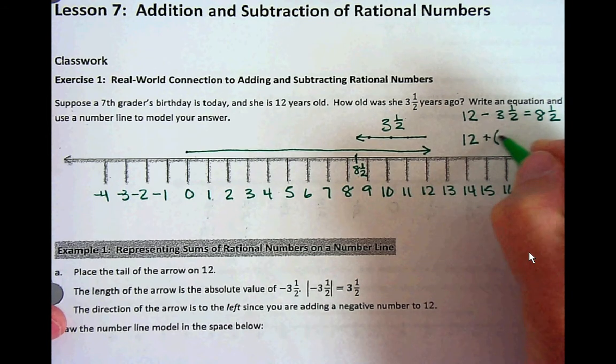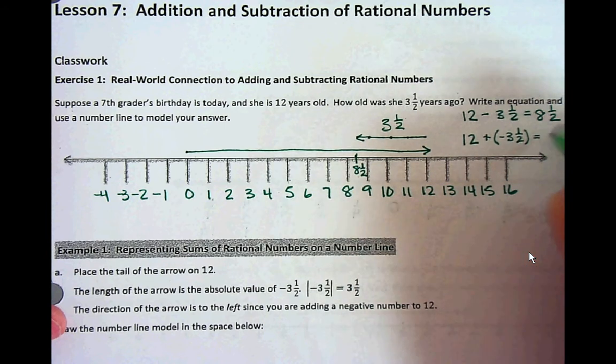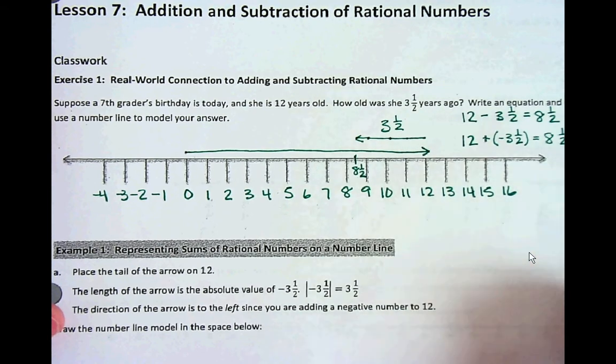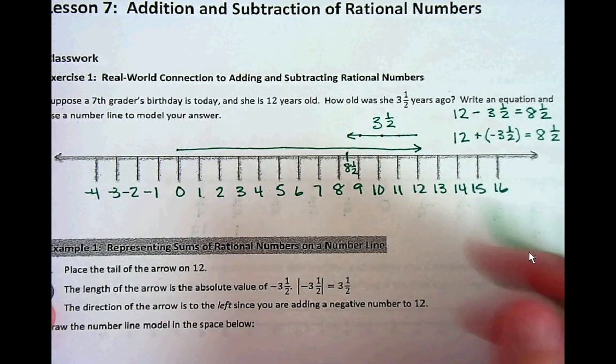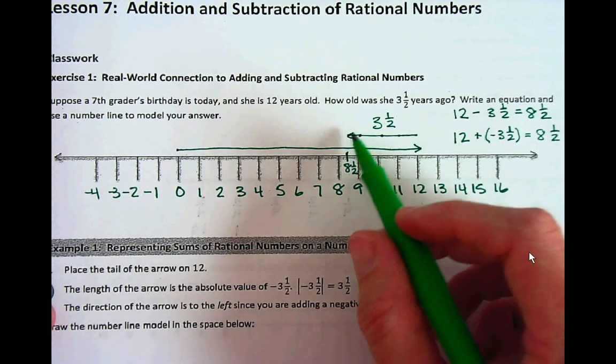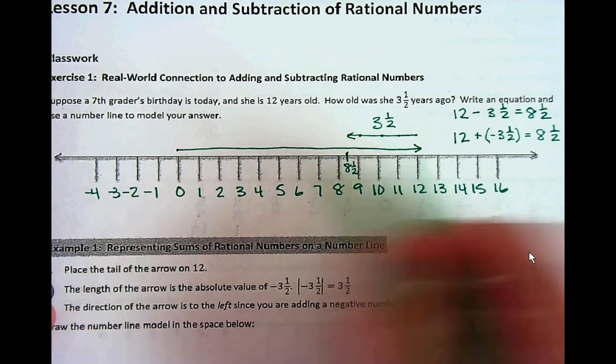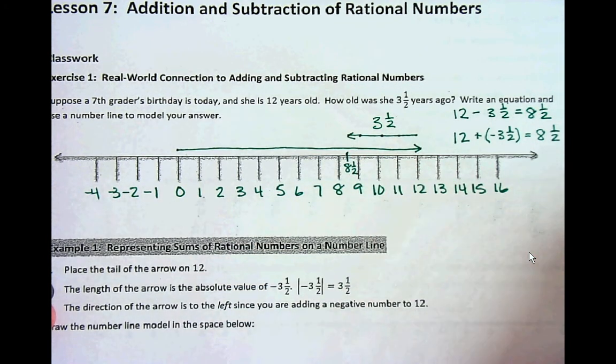So this is where addition and subtraction are related. And our answer is still the same, 8.5. But we can say 12 minus 3.5 or 12 plus a negative 3.5.